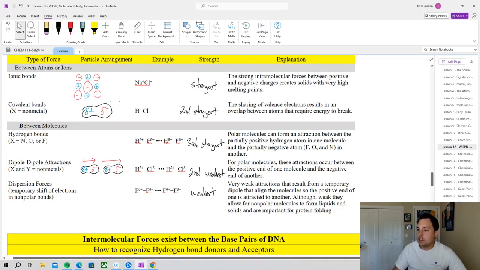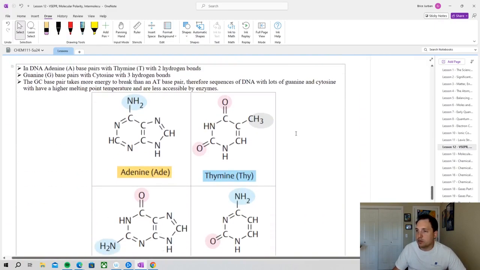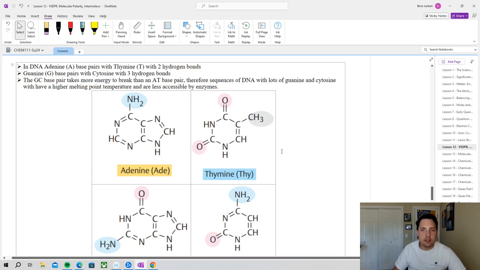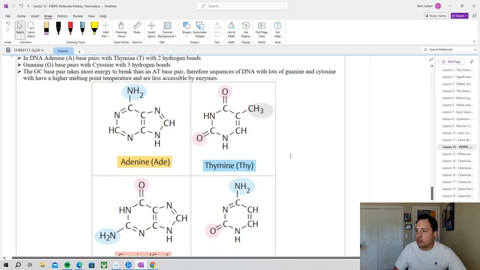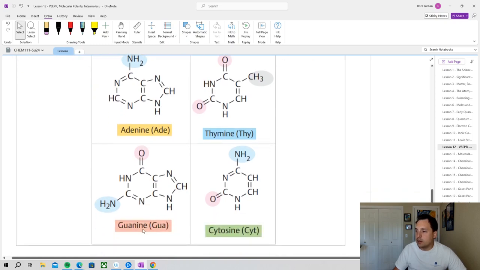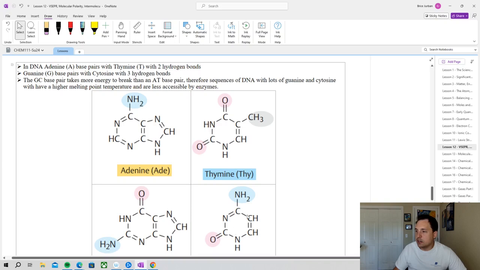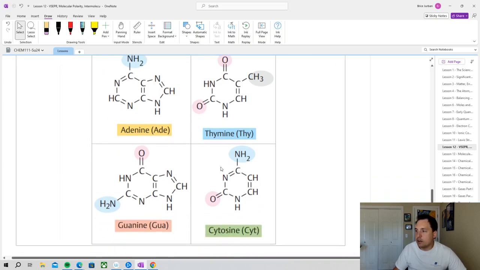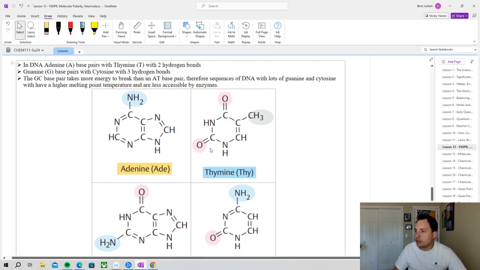So let's take a look at how to recognize hydrogen bond acceptors and donors. I think this is useful. And if you've taken some biology, you've already somewhat done this. So these are the 4 bases for DNA: adenine, thymine, guanine, and cytosine. And then if you're studying RNA, you'll have uracil instead of thymine.